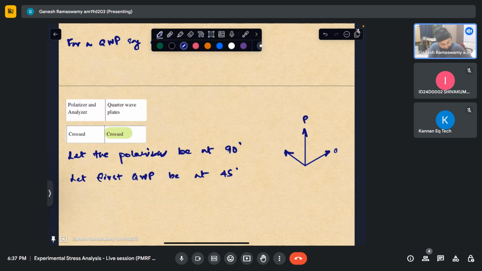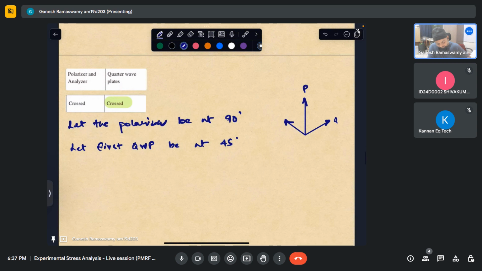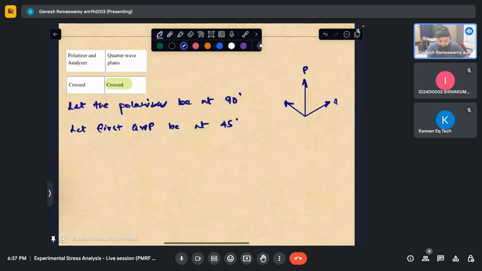This is the quarter wave plate. If it says that the quarter wave plates are crossed, then the second quarter wave plate will be at 135 degrees.